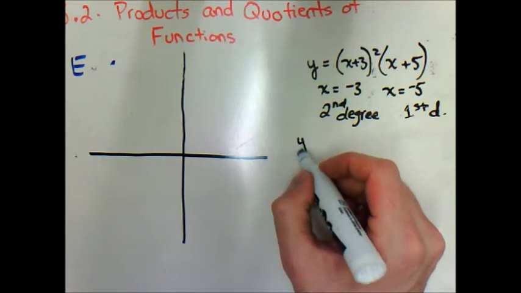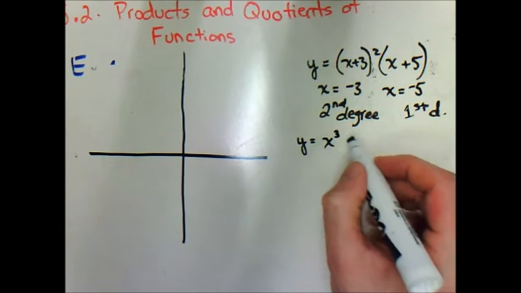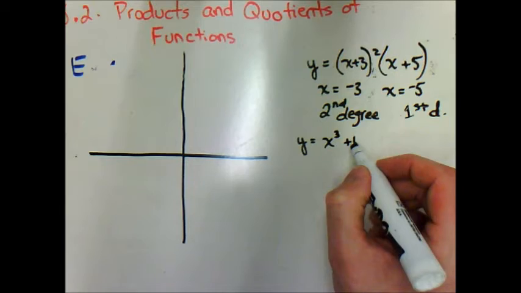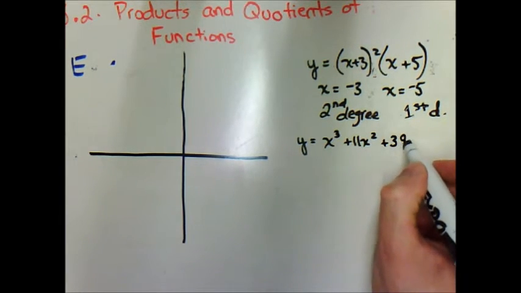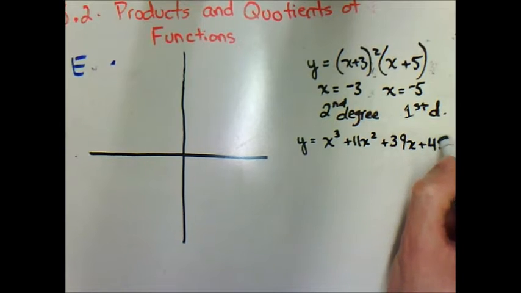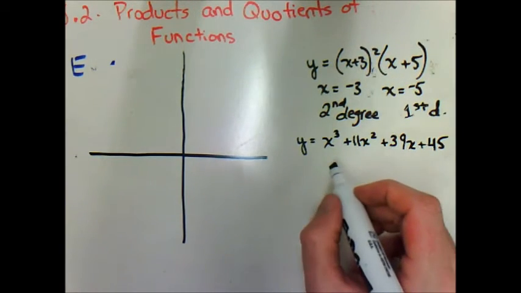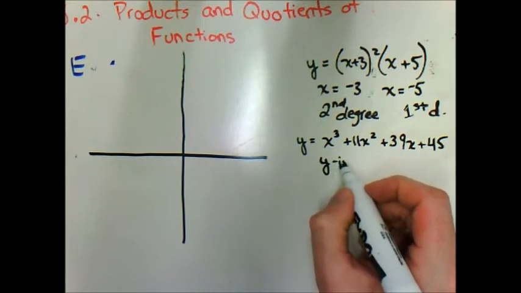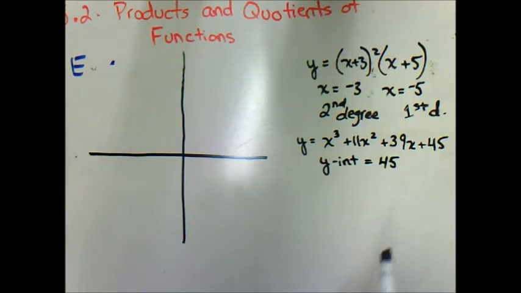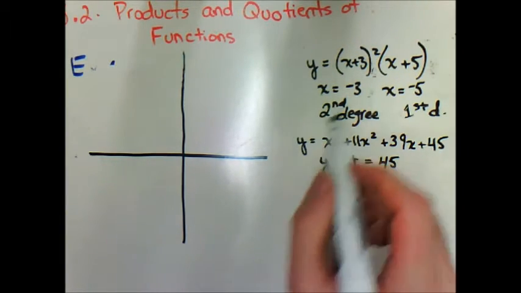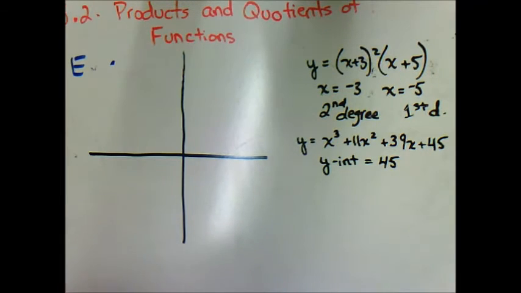From standard form, that was y equals x cubed plus 11x squared plus 39x plus 45, we learn that the y-intercept is 45. Okay, so we have our zeros, which are our x-intercepts, and we have our y-intercept.